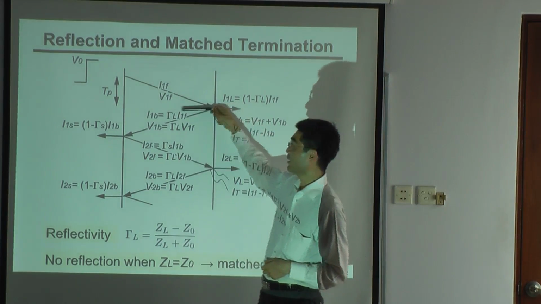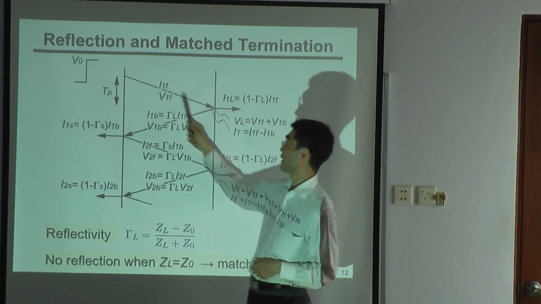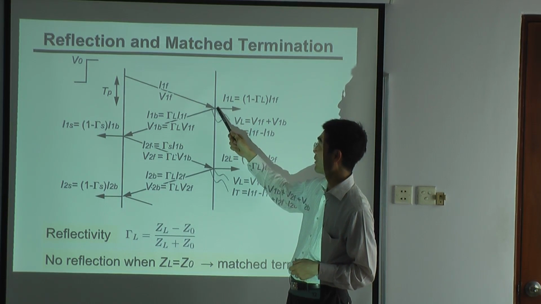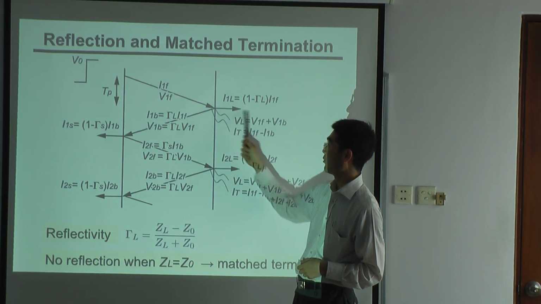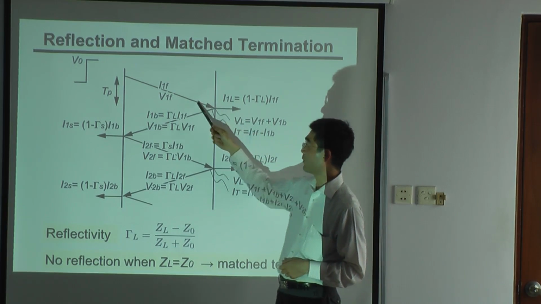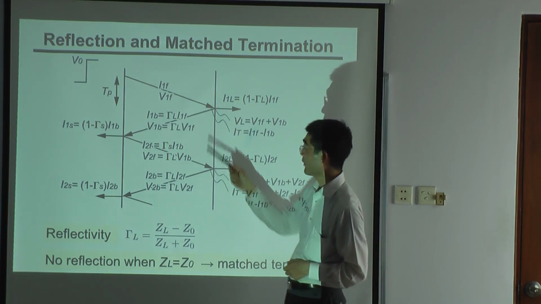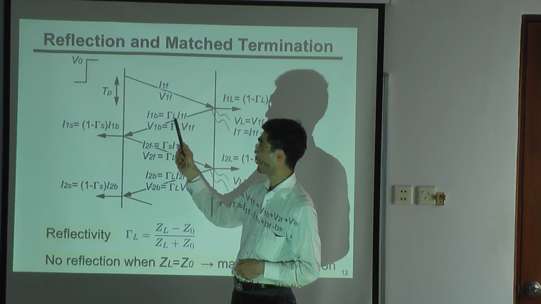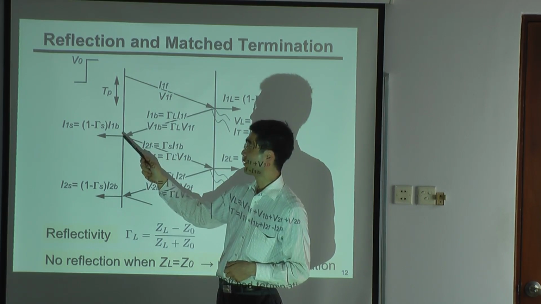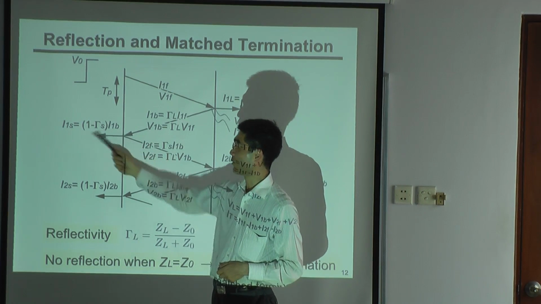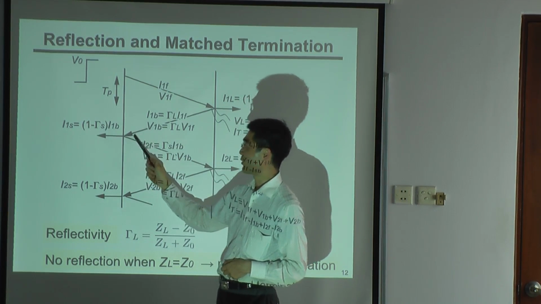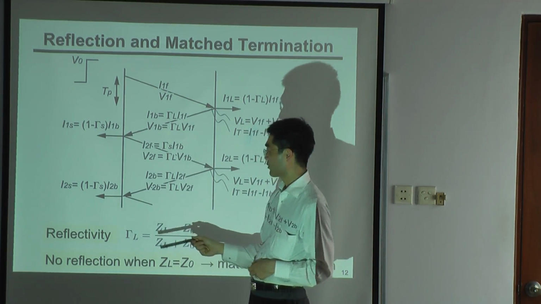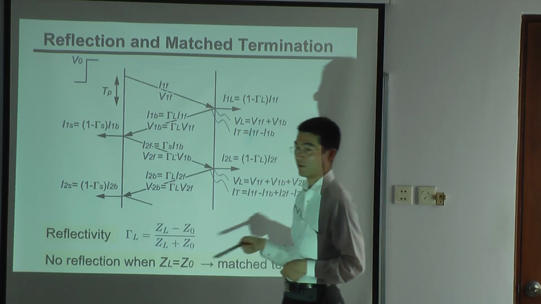And at the time t, it has arrived at the end of the wire. And part of it goes through the load, and some of it reflects. And after the reflection, it goes through the transmission line and arrives at the sender side, and part of it goes into the impedance and part of it is reflected. And reflection, reflection, reflection, and in the end, this reflected signal becomes zero.